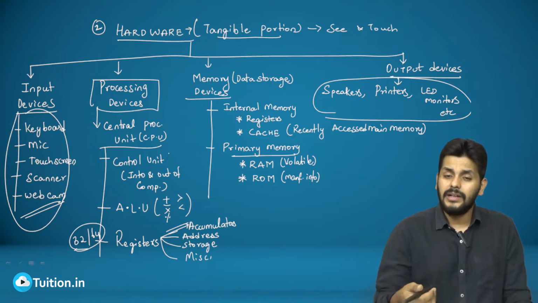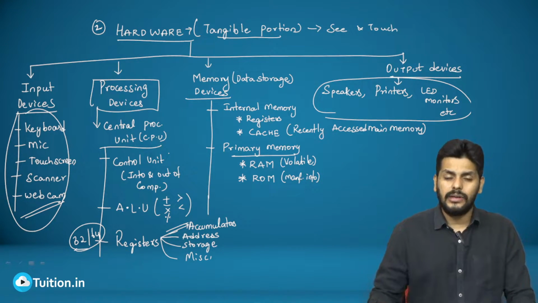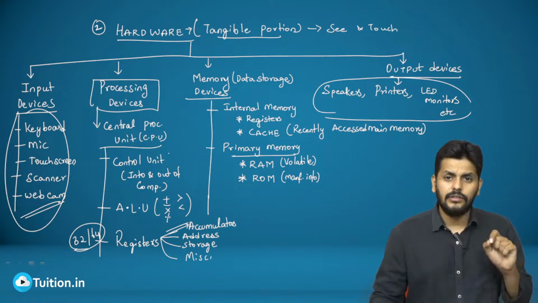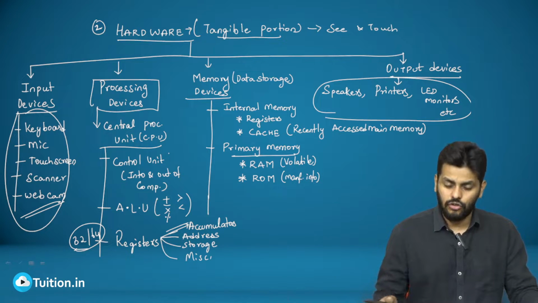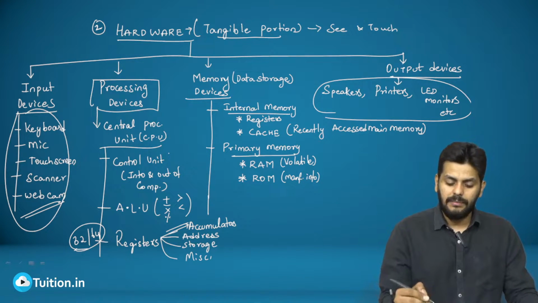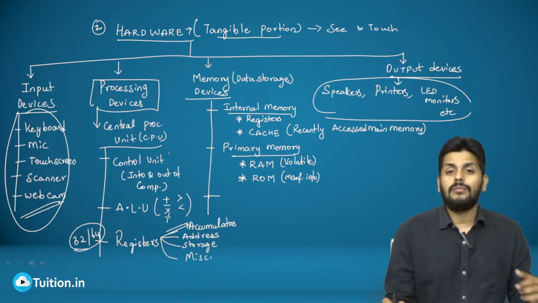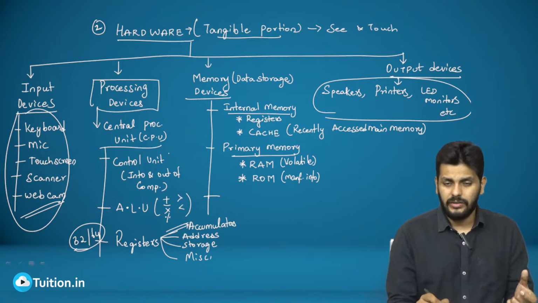All those are stored by the primary memory, which is part of the ROM. That is why it's called read-only memory. You can read it but not edit it. It's not volatile. It is a stable memory. It does not change. So these two memories are very much there within the system: internal memory and primary memory. Then comes, sometimes what happens is your primary memory is a small capacity.